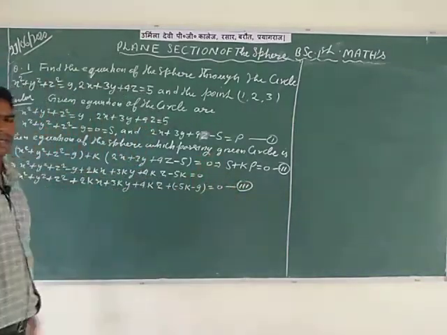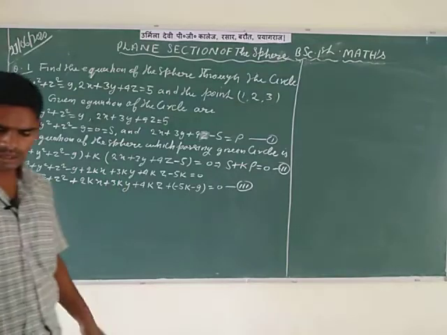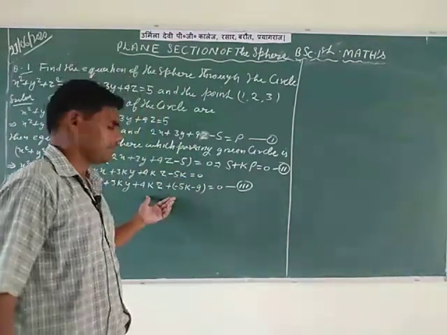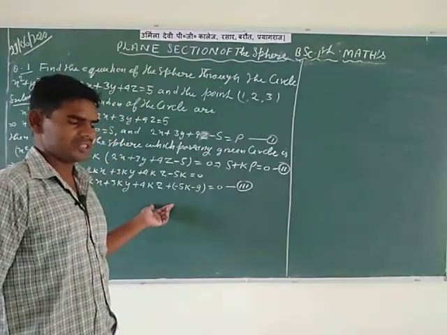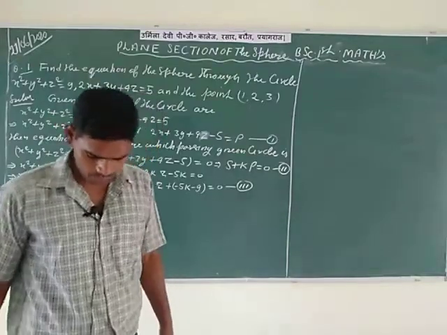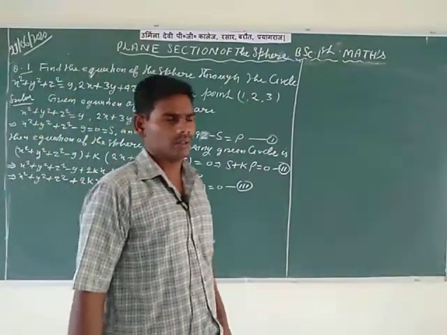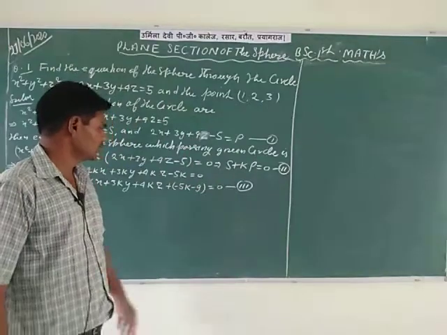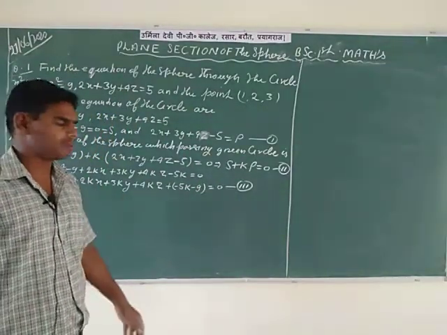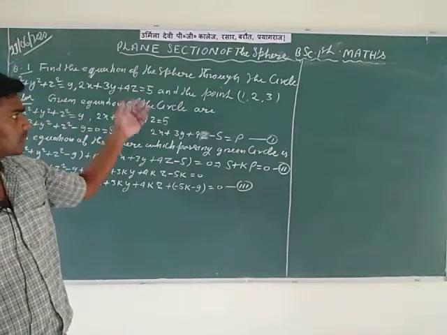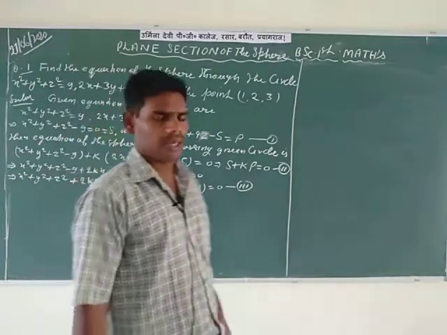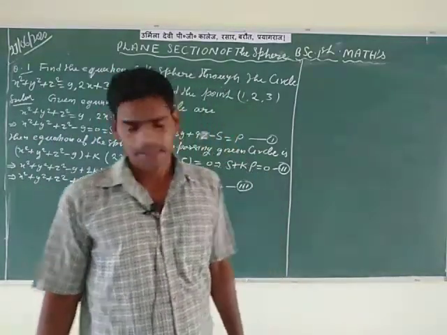So equation third confirms the equation of the sphere, and after comparing with the general equation of the sphere, x square plus y square plus z square plus 2ux plus 2vy plus 2wz plus d is equal to 0, you can calculate the radius and center of this sphere. Here it is not necessary to calculate the radius and center of the sphere which passes through this circle, but first calculate the equation of the sphere which passes through this circle.